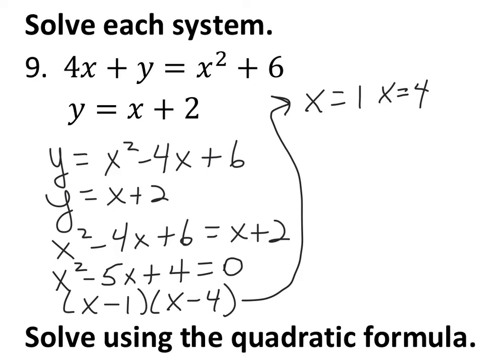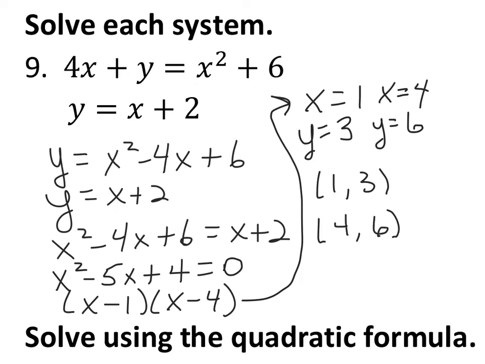So I'm going to plug those values in for x into y equals x plus 2. That's the easiest one to do. And when I do that, I get y equals 1 plus 2 is 3, and y equals 4 plus 2 is 6. So my two solutions are 1, 3 and 4, 6.